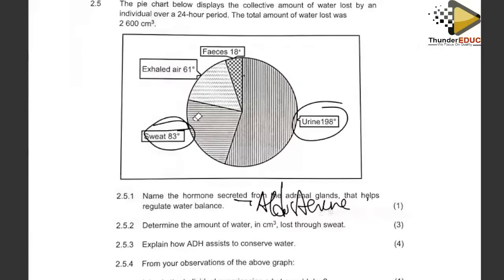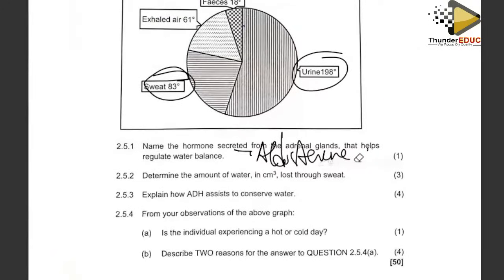So the answer becomes aldosterone. Determine the amount of water in cubic centimeters lost through sweat. Remember, this is a pie chart, which is a circle of 360 degrees. The amount of water lost through sweat is 83 degrees.